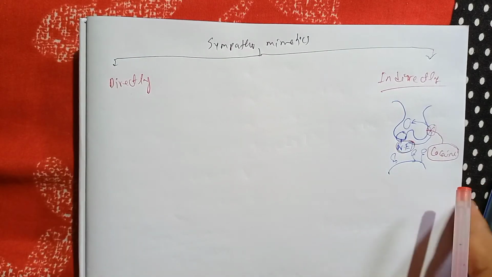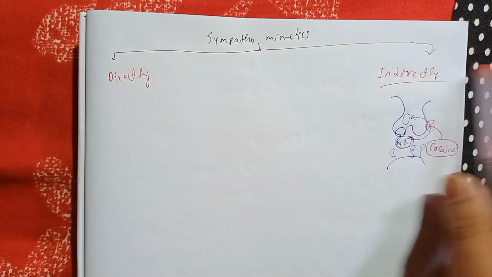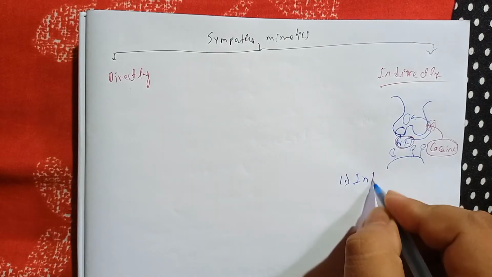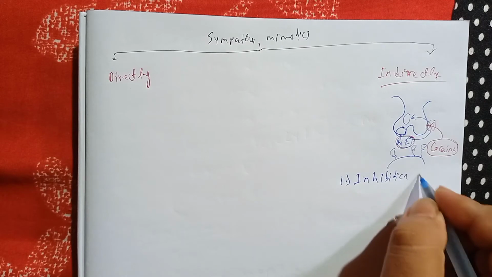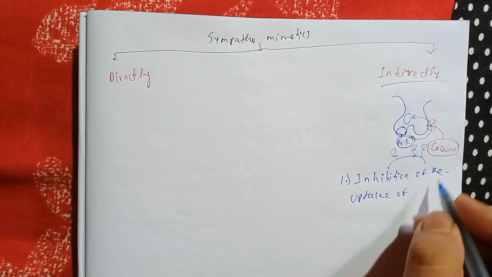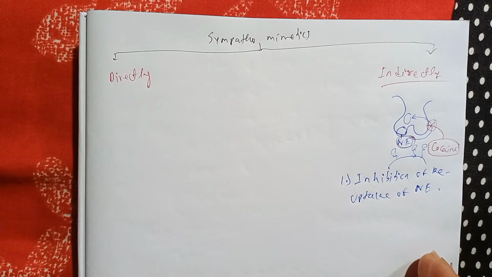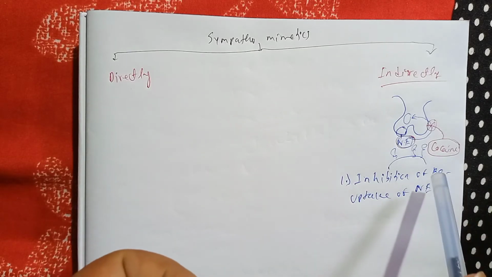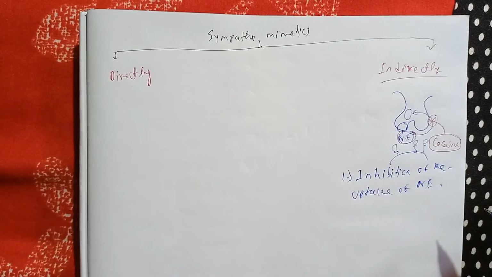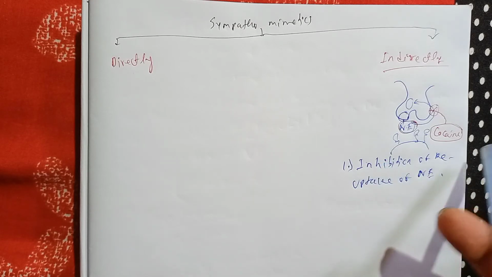Indirectly we can use cocaine here: the first thing is inhibition of reuptake of norepinephrine. That means indirectly we are increasing the effect by preventing the noradrenaline from going back to the vesicles, increasing its amount to have a longer or stronger function.